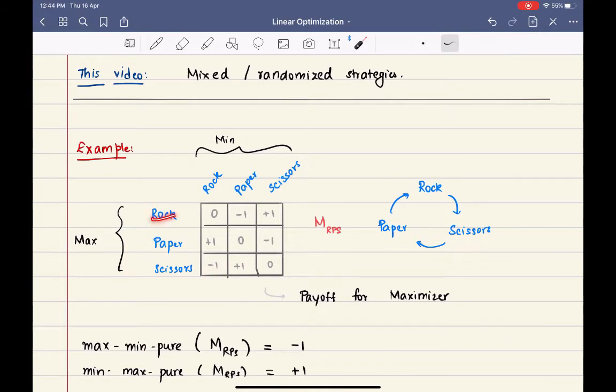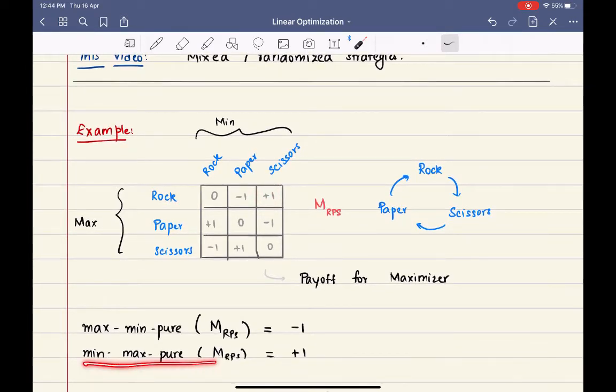So for each strategy of max, min has a strategy which will give -1. So max-min pure will be -1. Now what about min-max pure? You can see that if min chooses rock, max will choose paper. If min chooses paper, max will choose scissors, and if min chooses scissors, max will choose rock. Okay, so here min-max is +1.